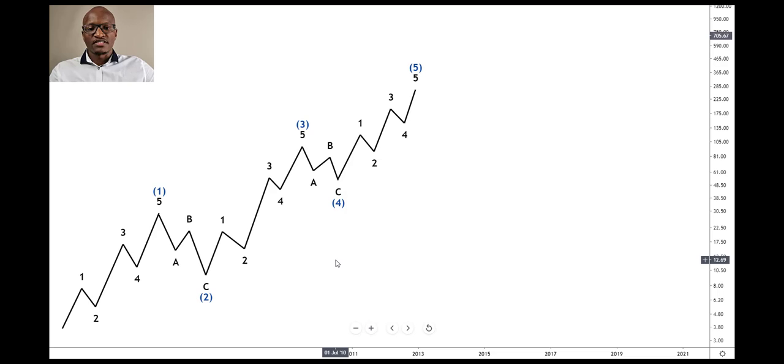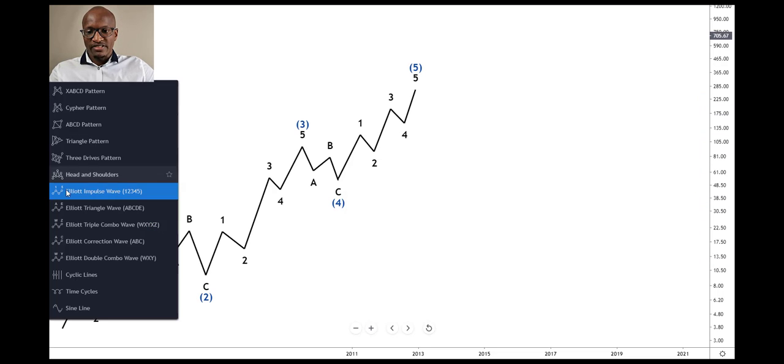After a 5-wave advance of whatever degree, the market pulls back in 3 waves.